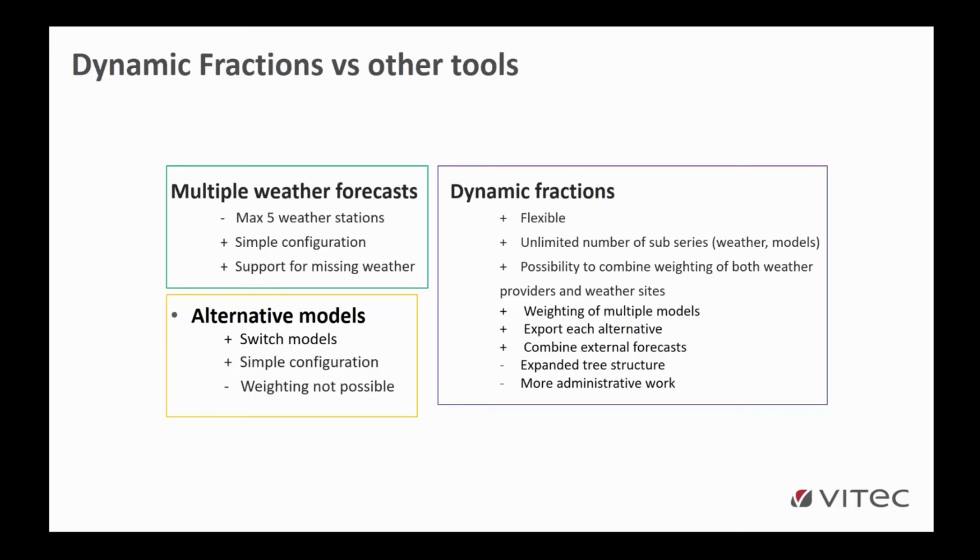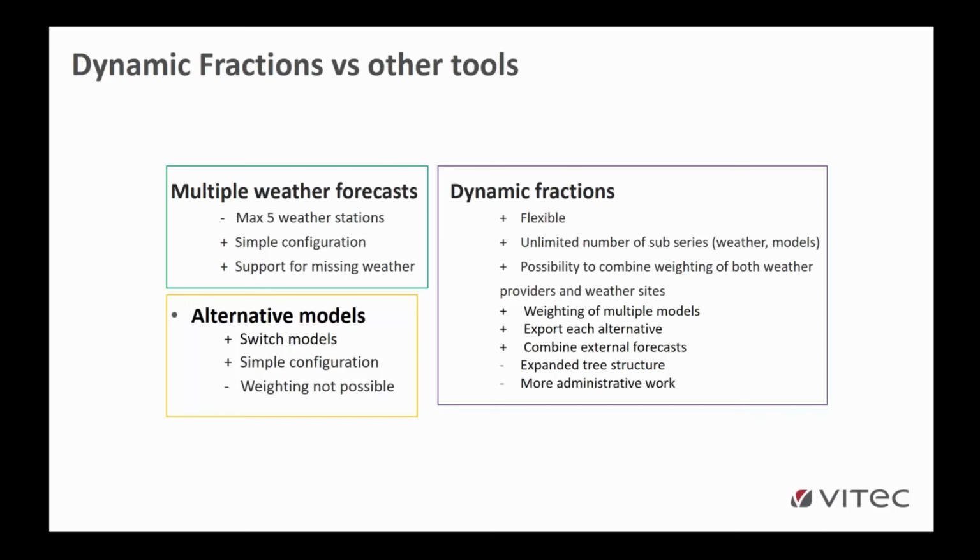And the same thing with alternative models. You can connect up to 8 models to each of your forecasting series, and it's a very easy way of switching between models for each series. It's a simple configuration again, but it also limits you from being able to weight them together.